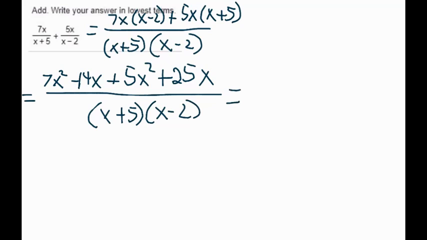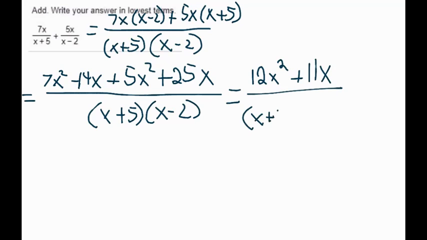So 7x squared plus 5x squared is 12x squared, and negative 14 plus 25 is positive 11x, all over x plus 5 times x minus 2. So there we are, and that's in lowest terms.